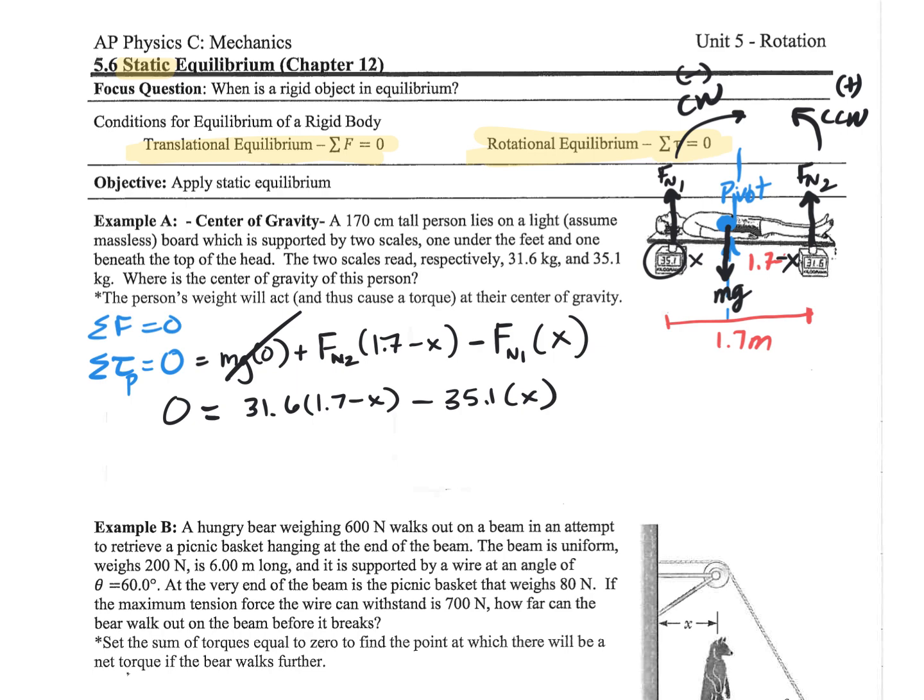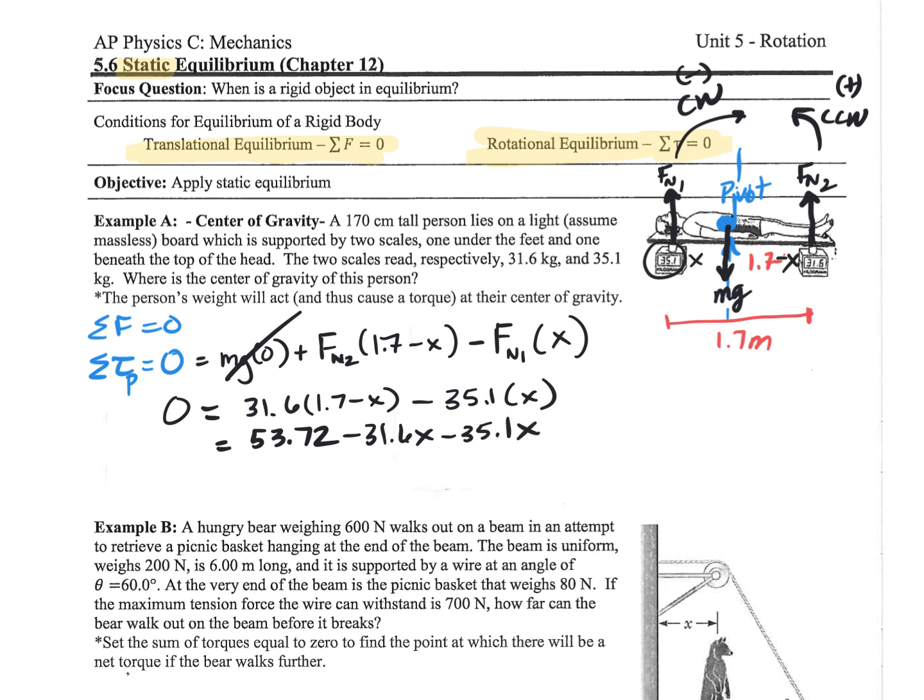So now all we have to do is figure out what x is. 31.6 times what, 1.7? 53.72 minus 31.6x minus 35.1x.